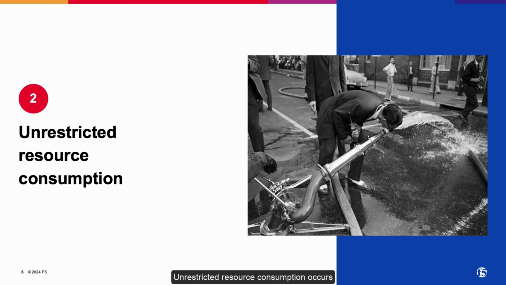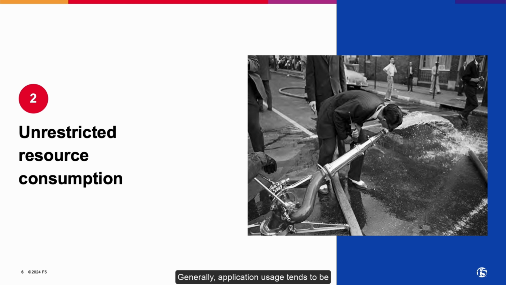Unrestricted resource consumption occurs when APIs do not control the number of incoming requests, which can result in excessive costs, slow performance, and unavailability. Unrestricted resource consumption can quickly turn into a serious problem when bots go after an API that was designed for interactive applications, that is, web and mobile applications used by human beings.